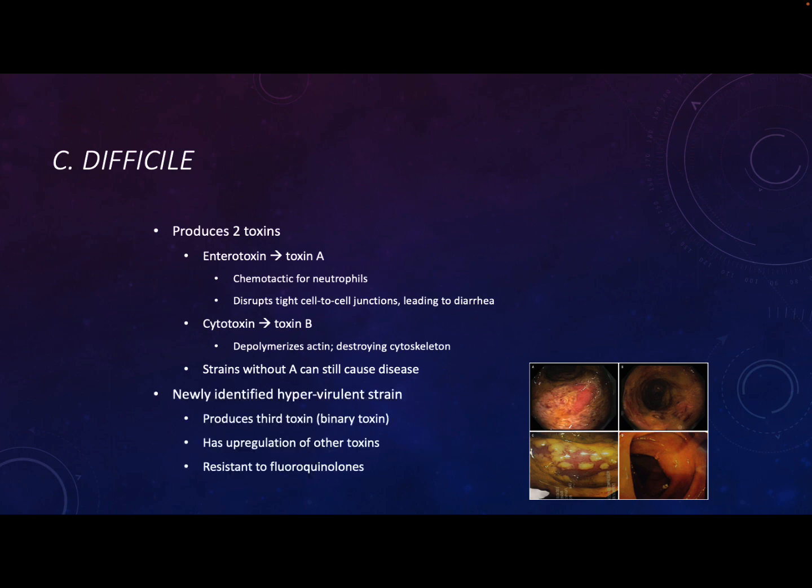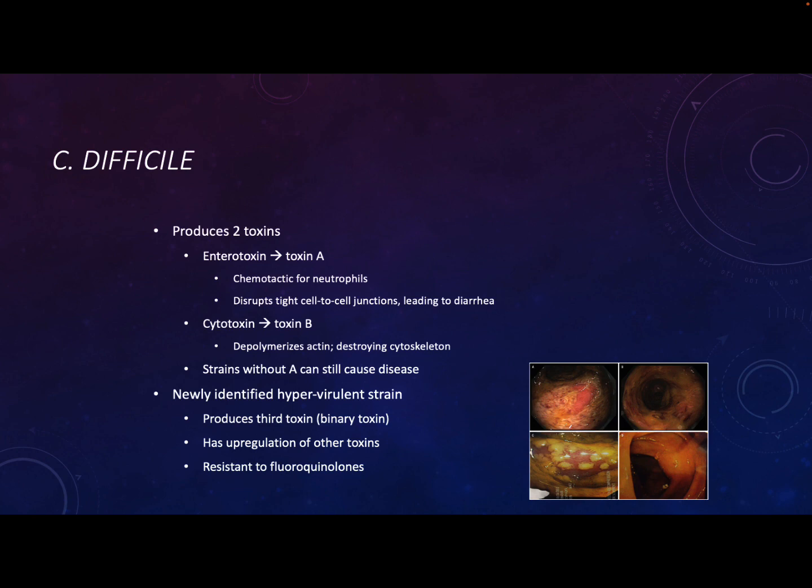More recently, scientists have identified what they call a hypervirulent strain, and it produces a third toxin. They call it binary toxin, and it actually leads to some more tissue destruction. But in this particular strain, it also expresses the other two toxins more highly.